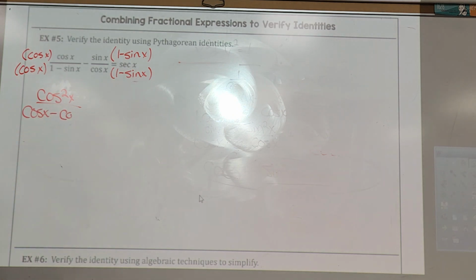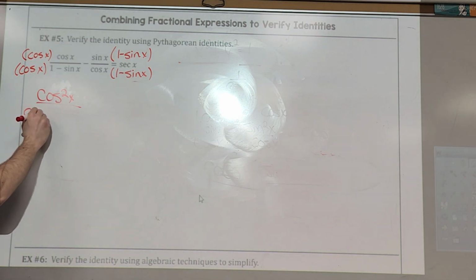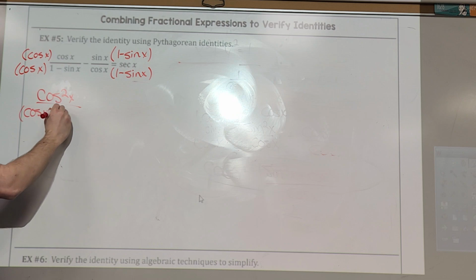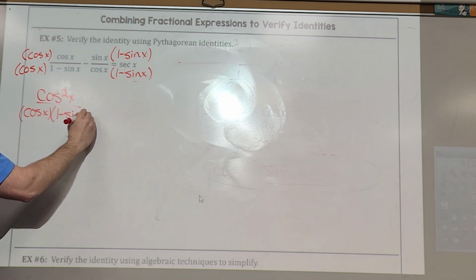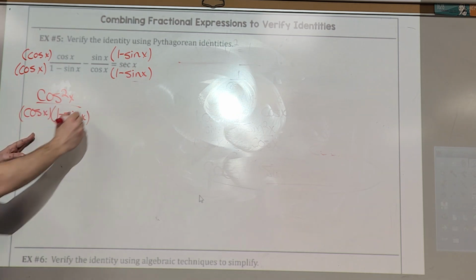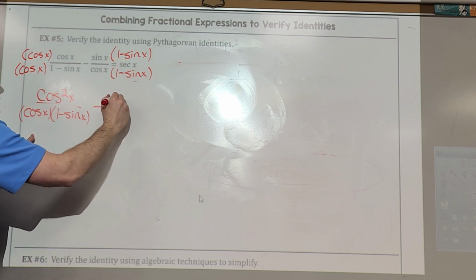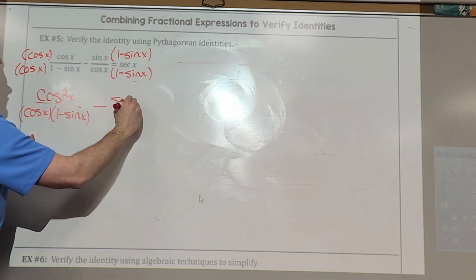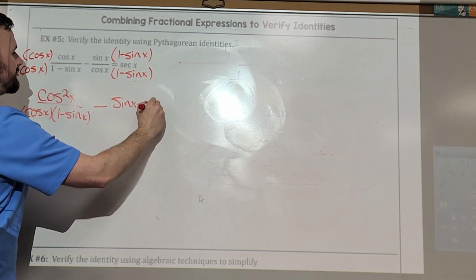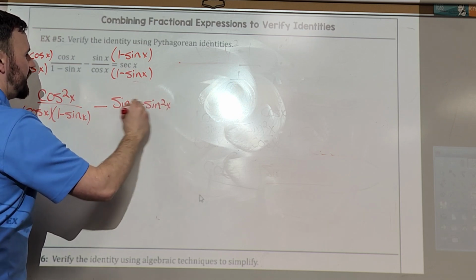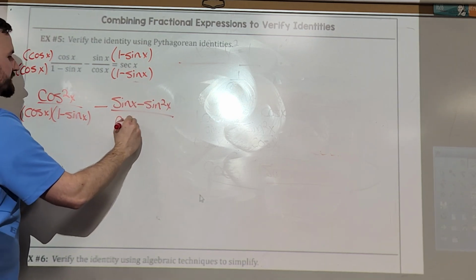And then this is going to become cosine of x minus, I don't want to actually FOIL it out. I'm not going to. You can't tell me what to do. Only my kids and my wife tell me what to do. Do you agree on that? Minus, this top part is going to be sine of x minus sine squared of x all over that cosine sine, right?